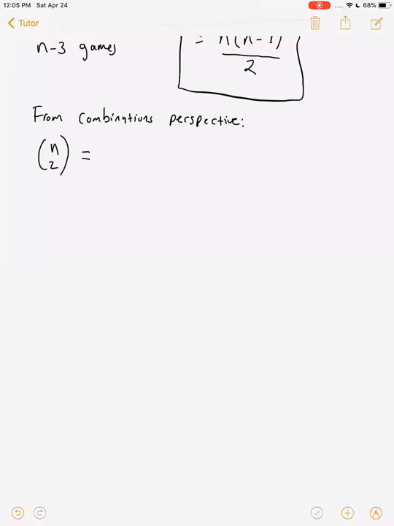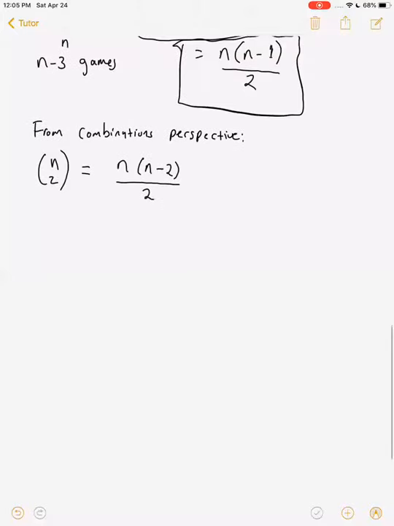The answer will be n times n minus 2, divided by 2. Okay. Good, but how did you get n minus 2 here?